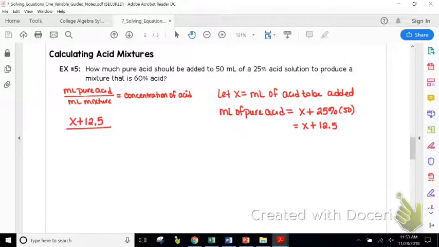over, now I want the total mixture, the acid and whatever's mixed in with it. So it's the amount we're going to put in plus the entire 50 milliliters, isn't it?